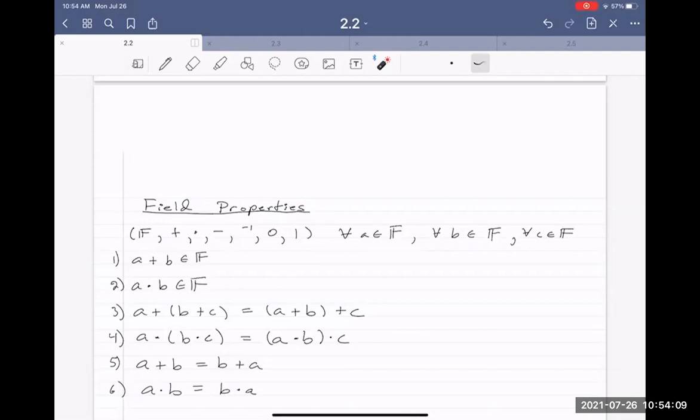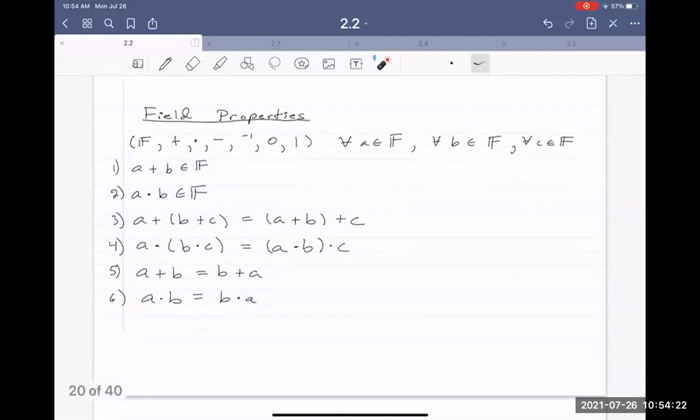So let me write down the field properties. For every A in your set F, for every B in your set F, and for every C in your set F, I have the closure property for addition: A plus B is a member of F. If you take two numbers and add them together, you still get a number. The closure property for multiplication: if you multiply two numbers together, you still get a number.